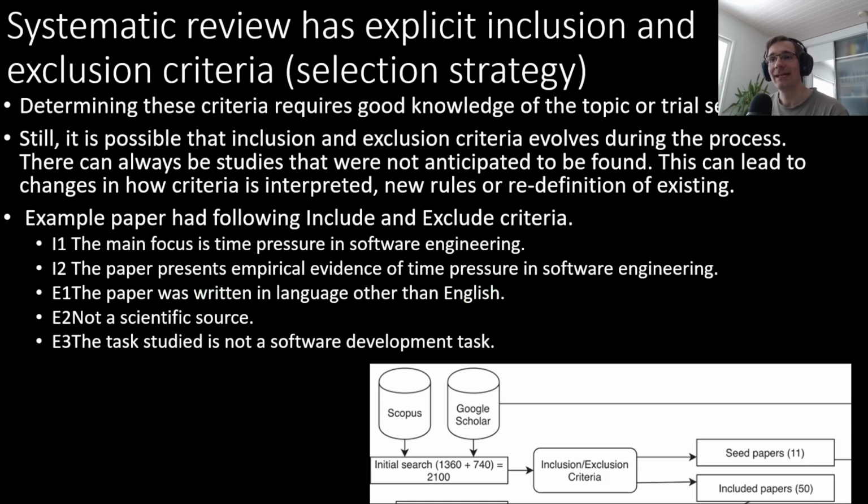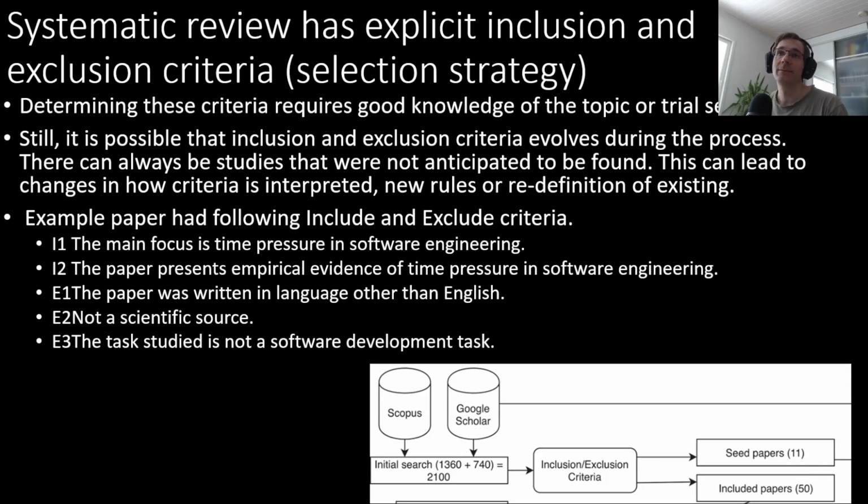So they had some data where time pressure was perhaps an explaining variable in the model. So we also decided to include these types of papers, although their main focus was not the time pressure, but still they provided empirical evidence for the study.